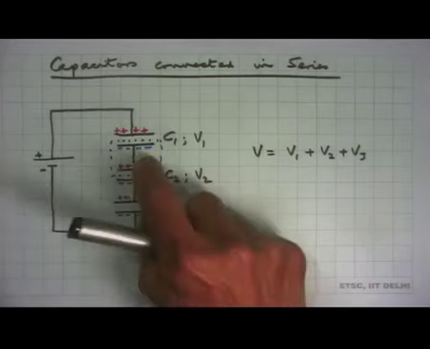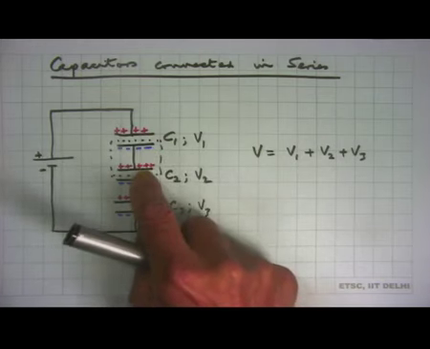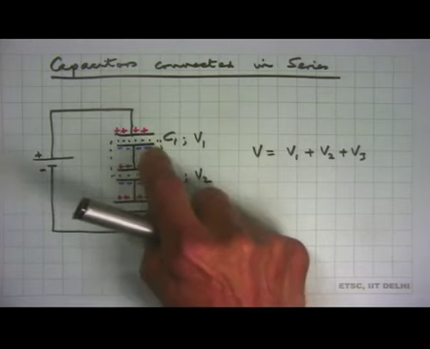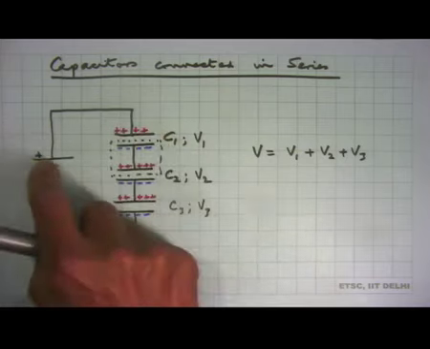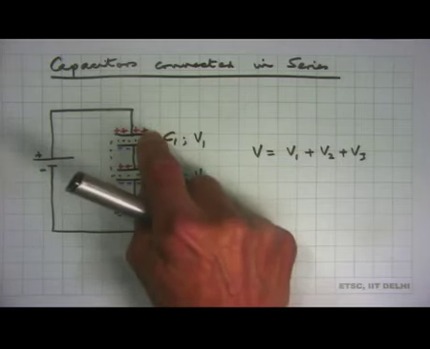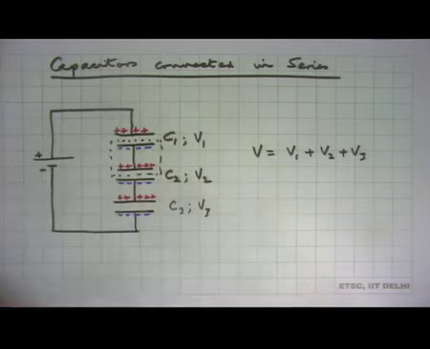So, whatever charge you have here must have the same but opposite charge on the lower plate, and this charge is actually equal to the charge on the upper plate of the capacitor C1, and so whatever charge has been supplied by the battery, which is plus q here, is also inducing a minus q on the lower plate.